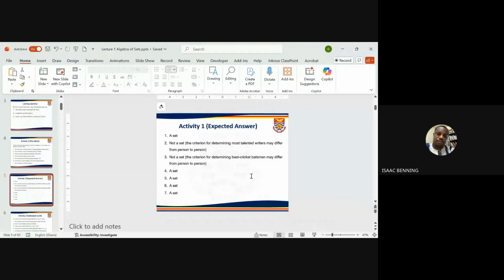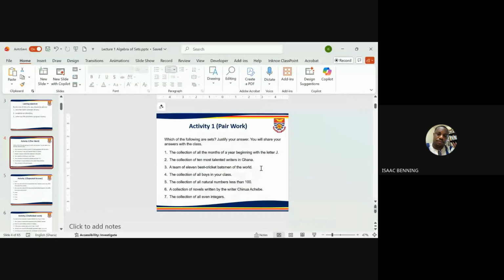Are you sure we are going to get the same names from each of you? No, sir. Different. So that will mean it will not be a set. If it's to be a set, then the set should be unique, should be very distinct, and it shouldn't differ from person to person.